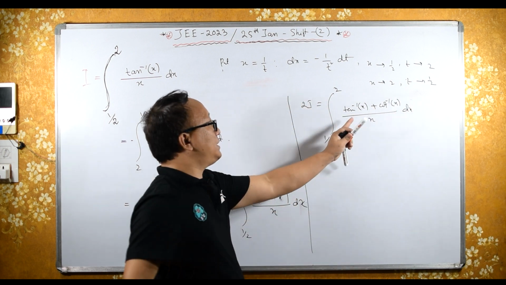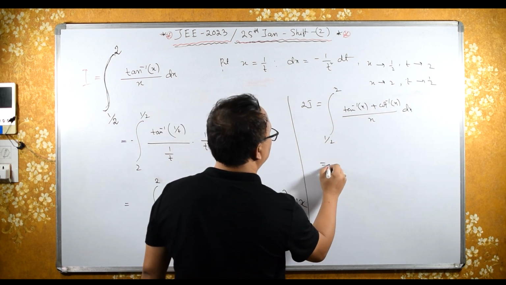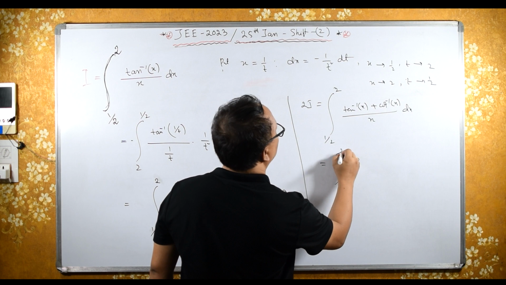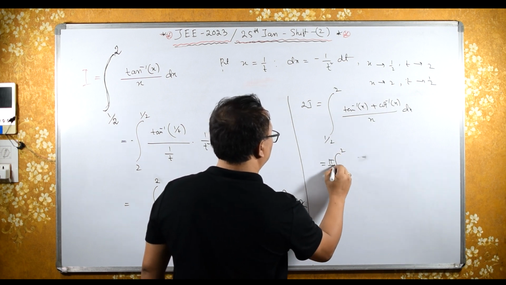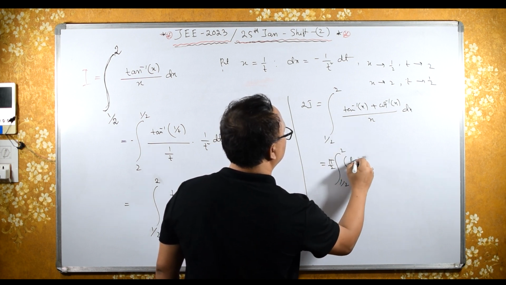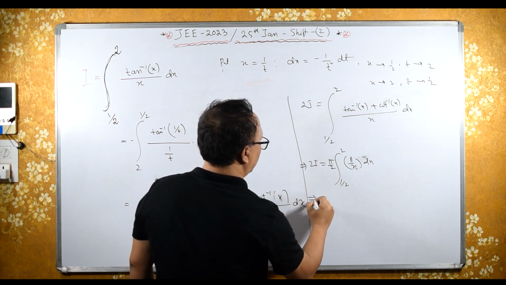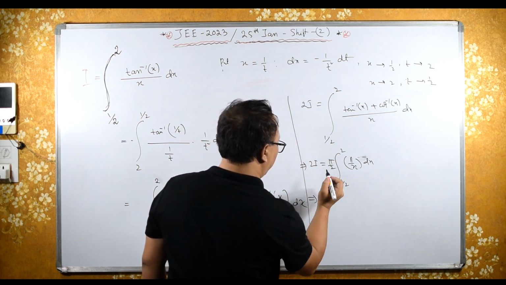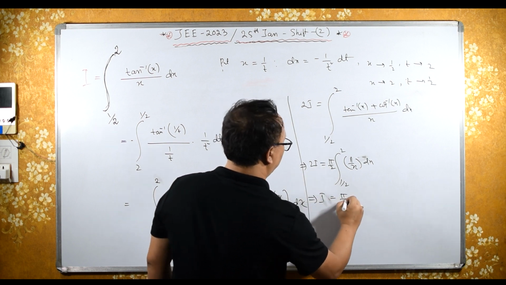Tan inverse x plus cot inverse x is pi by 2. So this equals integral from half to 2, pi by 2 I can take outside, pi by 2 times 1 by x dx. Here I have 2I, therefore I equals pi by 4.